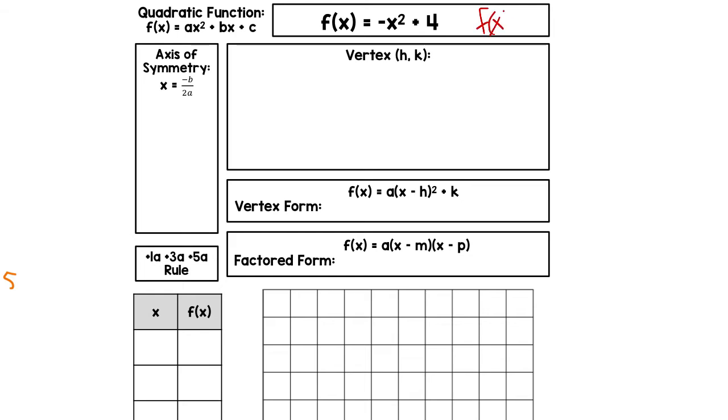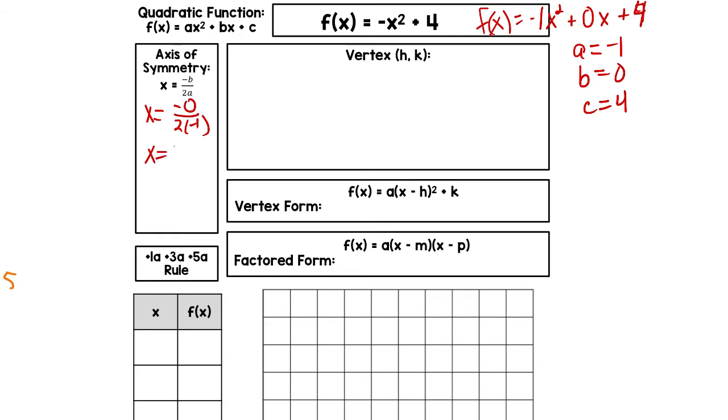We have f of x equals negative 1 x squared plus 0x plus 4. That means a is negative 1, b is 0, c is 4. Axis of symmetry first. We do x equals negative b over 2a, negative 0 over 2 times negative 1.